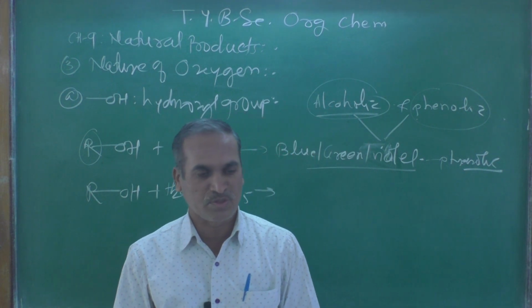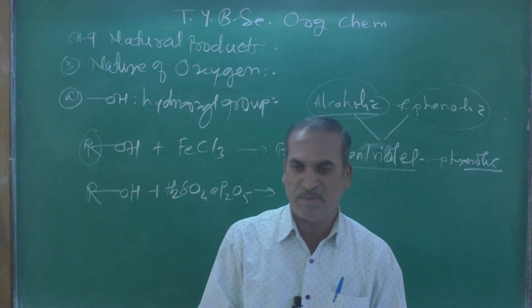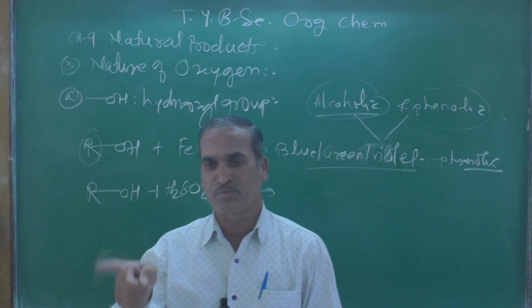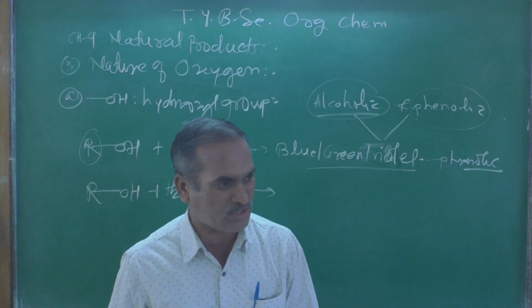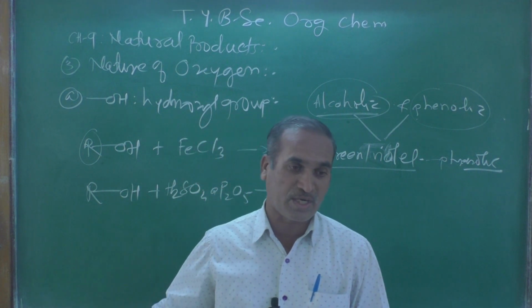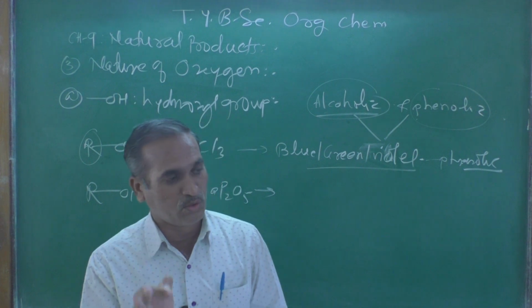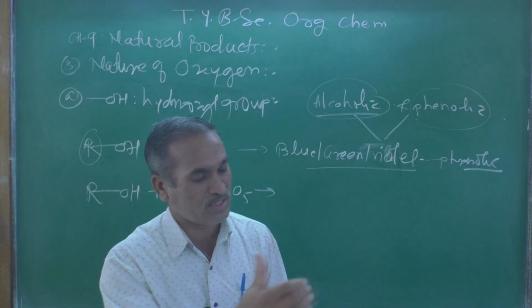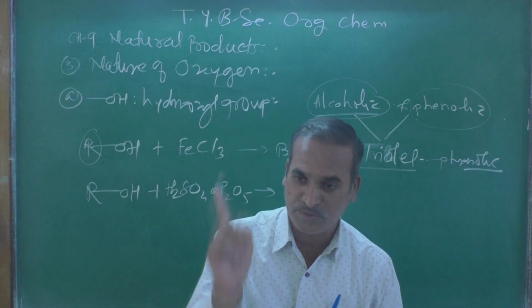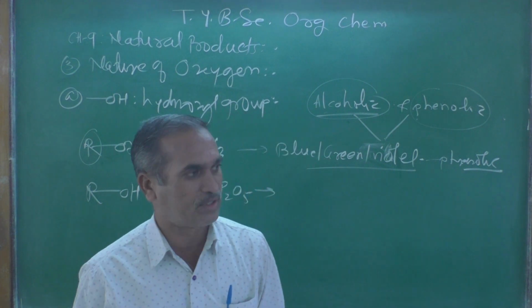What the Saytzeff rule tells us is that in an elimination reaction, the more substituted alkene is obtained as the major product and the less substituted alkene as the minor product. That is the rule for elimination reactions.